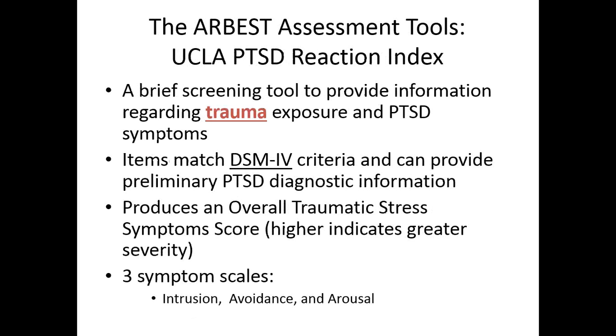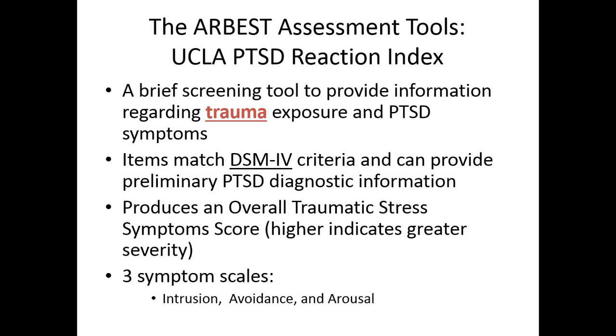Okay. The UCLA is a brief screening tool, and it's looking at trauma exposure and PTSD symptoms. The items match the DSM-IV criteria, and it produces an overall traumatic stress symptom score.